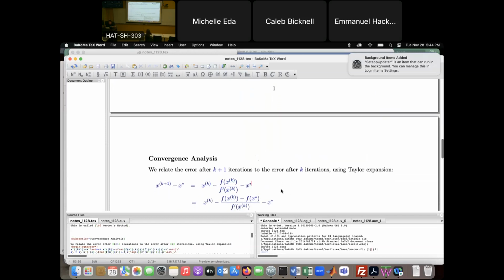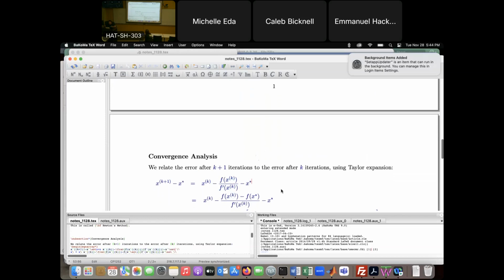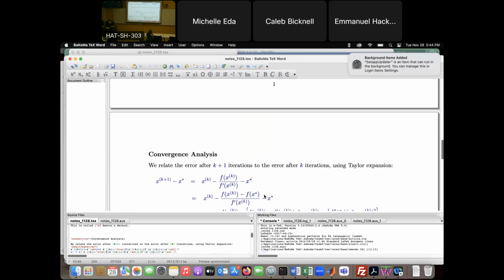A way I can do that is through Taylor expansion. What I do first is, in the numerator, I just subtract f of x star. Because remember, f of x star is the root, so f of x star is 0. I literally am subtracting 0 up here, but I'm doing that to set up the use of a Taylor expansion.